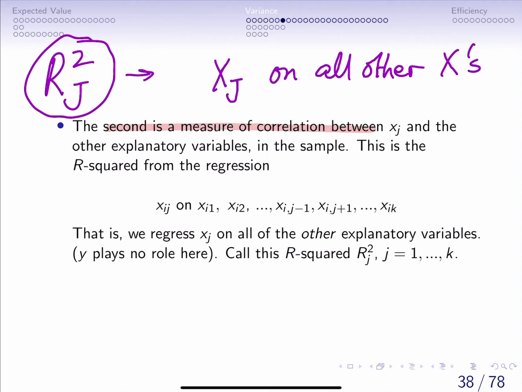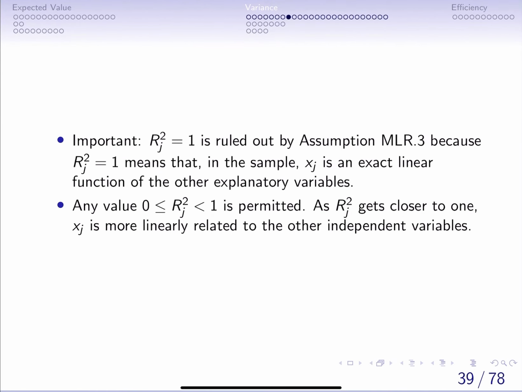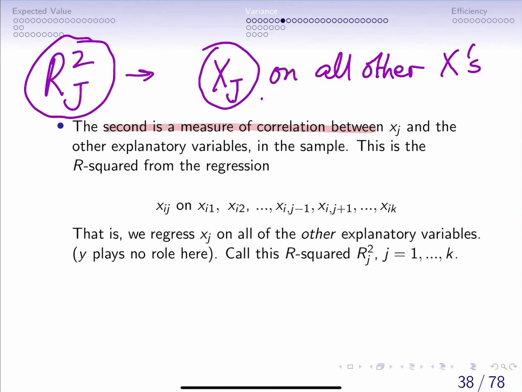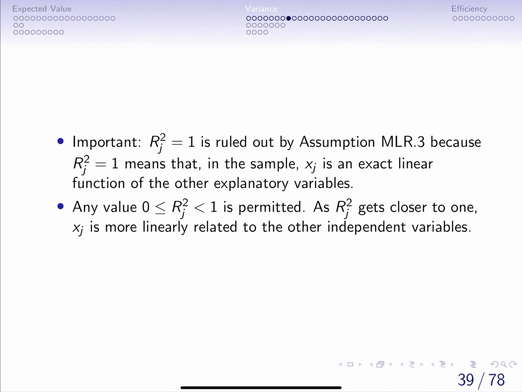The j corresponds to that particular variable xj. What you're trying to do here is to understand how strongly the independent variables are related, at least the strength of the linear relationship.